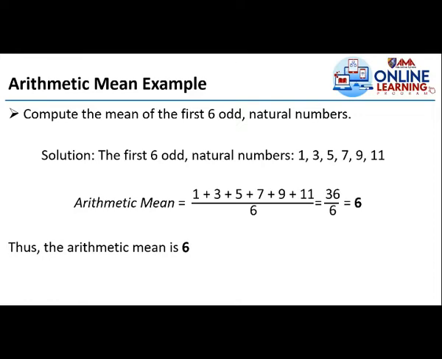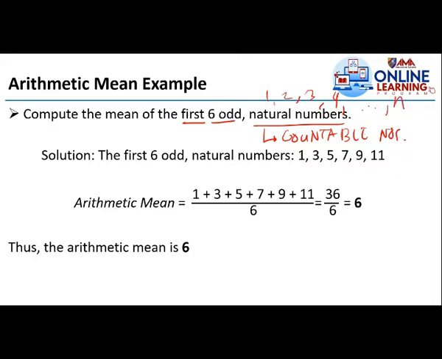Compute the mean of the first 6 odd natural numbers. When we say natural numbers, guys, those are the countable numbers: 1, 2, 3, the numbers that you use for counting up to n.